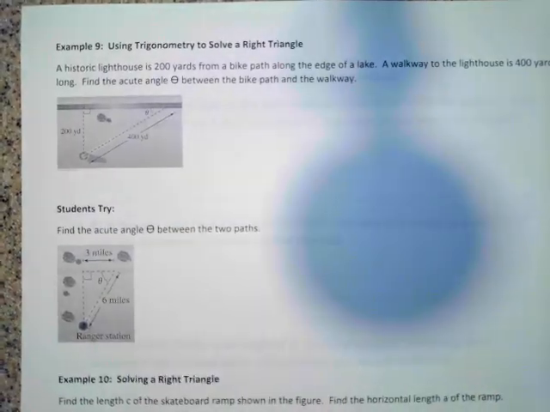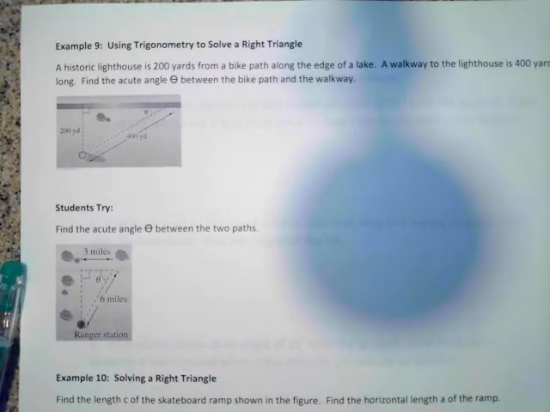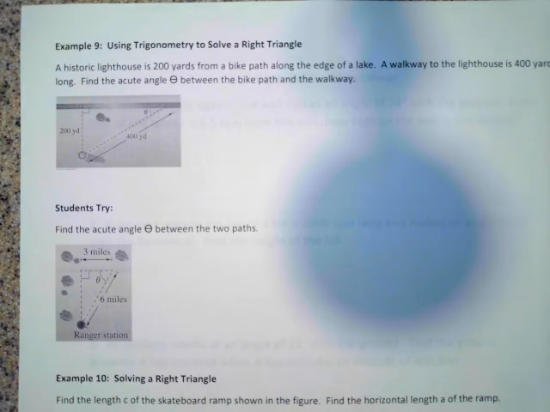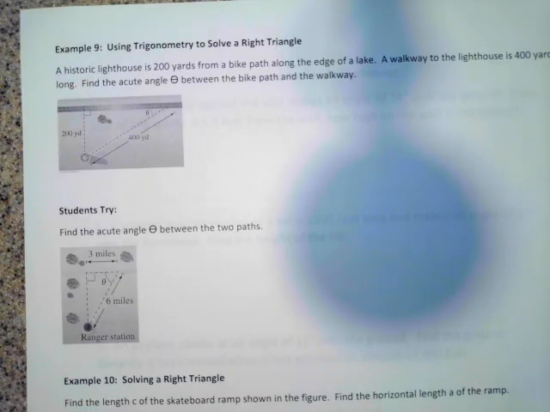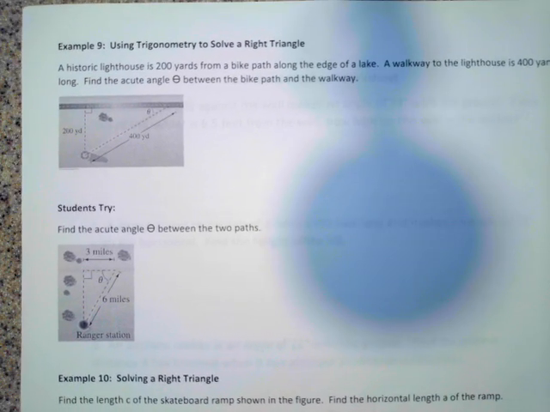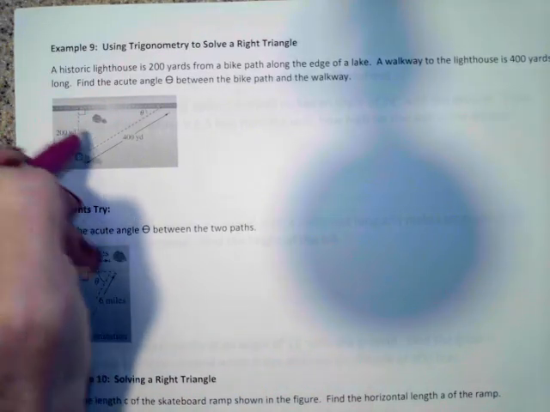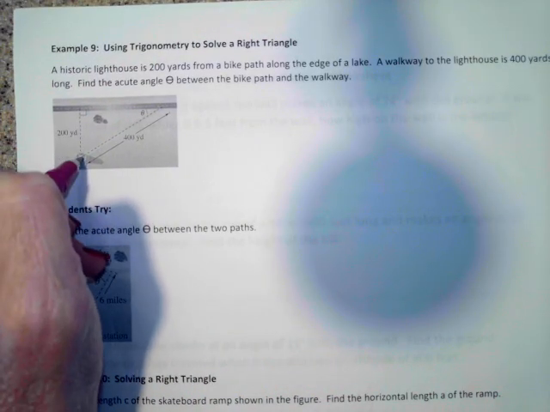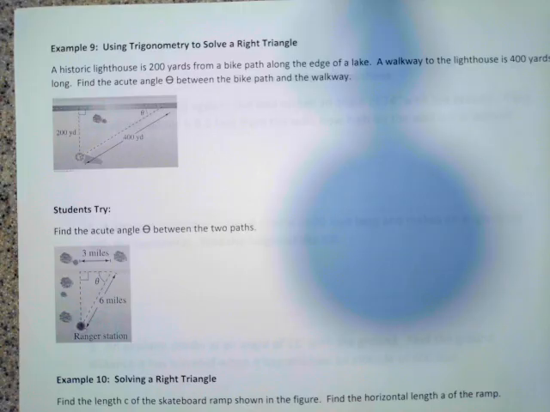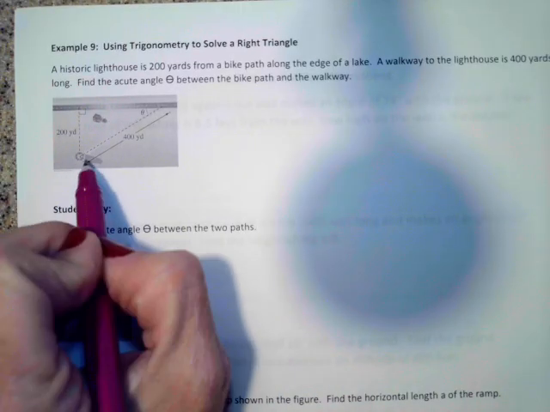Example 9. Example 9 says a historic lighthouse is 200 yards from a bike path along the edge of a lake. So it's 200 yards. A walkway to the lighthouse is 400 yards long.